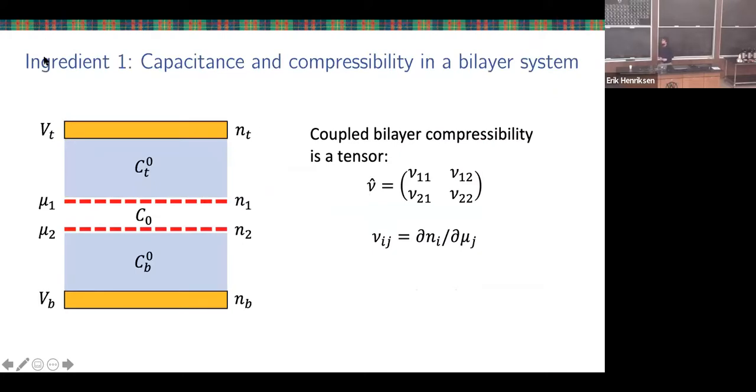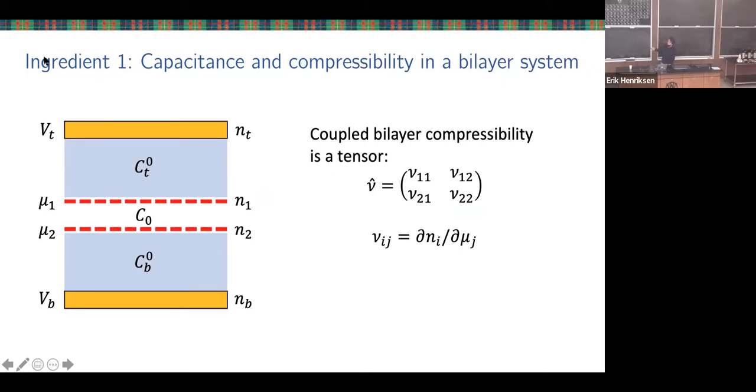So these slides are not meant to necessarily be 100% understandable, but I want to give you a flavor of how to connect capacitance to these quantities and how it can be relatively complicated sometimes.